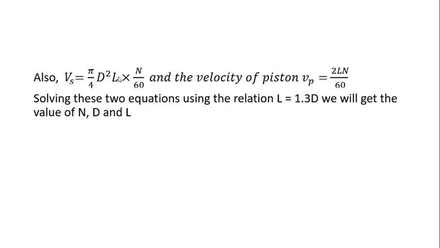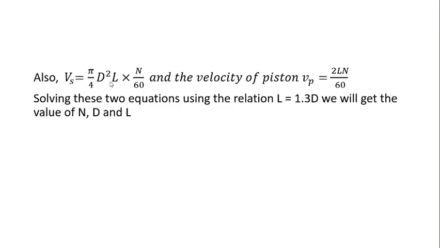Swept volume of the cylinder is in meter cube, but our volumes are in meter cube per second. So in order to convert it into meter cube per second, you multiply with n by 60.